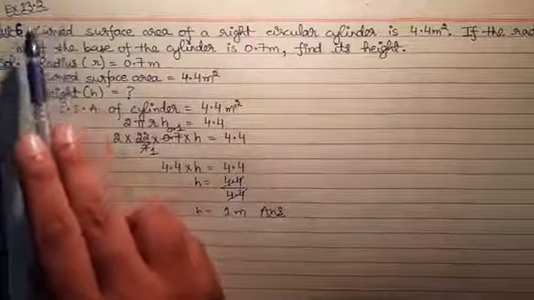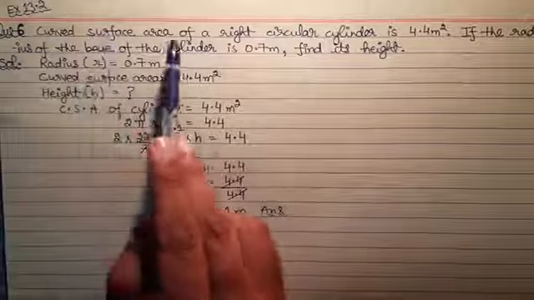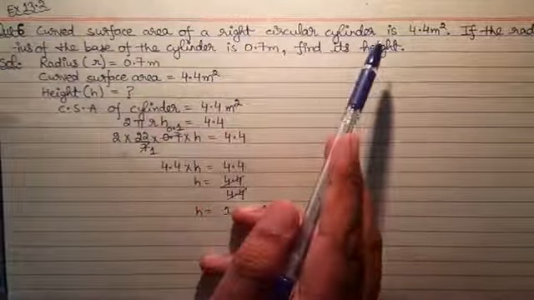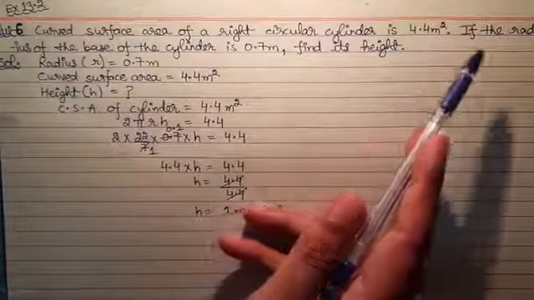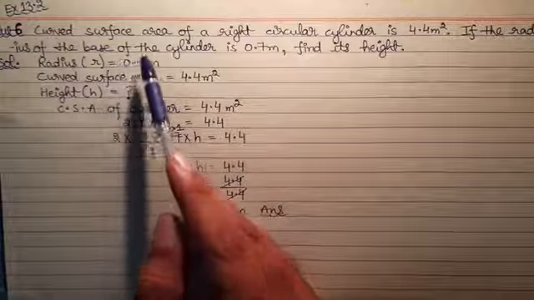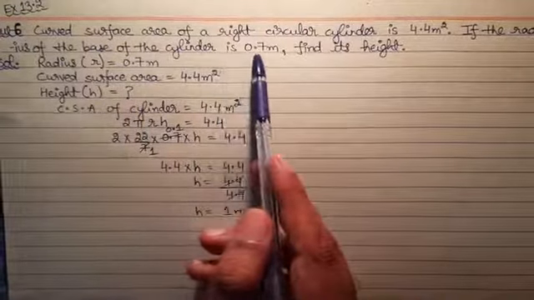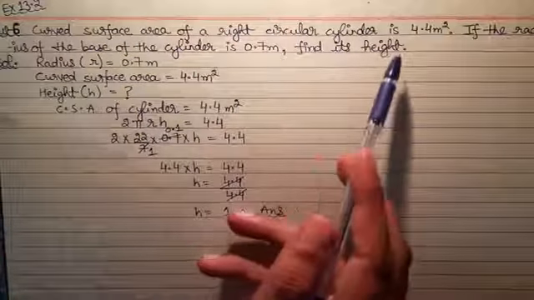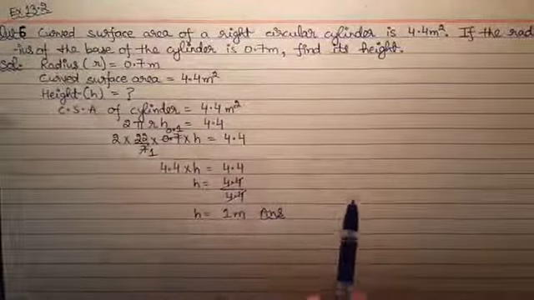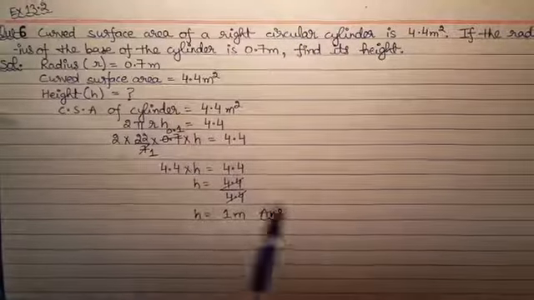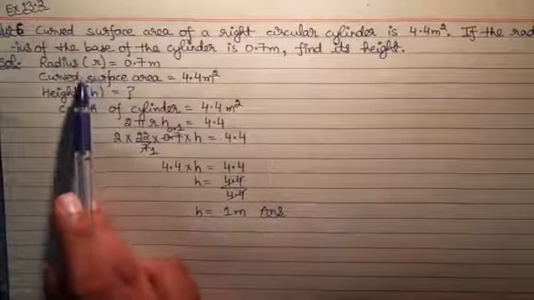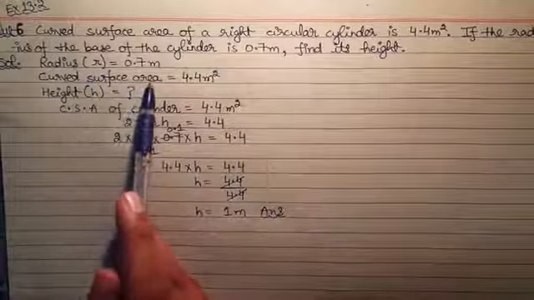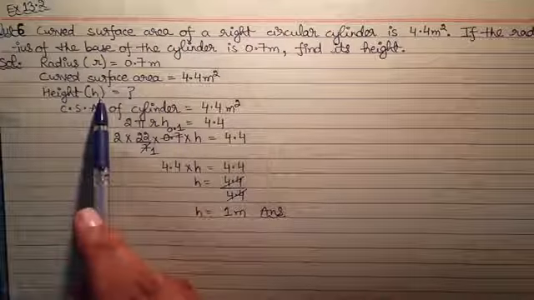Exercise 13.2, question number 6. Curved surface area of right circular cylinder is 4.4 meter square. If the radius of the base of the cylinder is 0.7 meter, find its height. This question is very similar to question number 1. In this question, radius and curved surface area is given, we have to find the height of right circular cylinder.